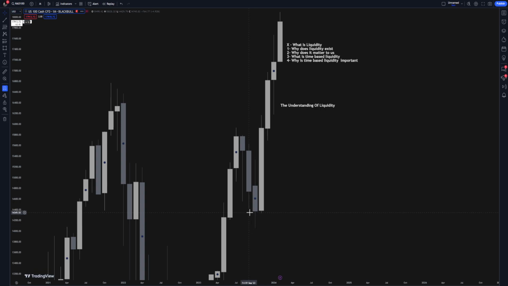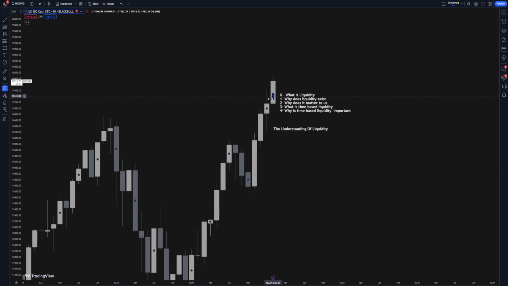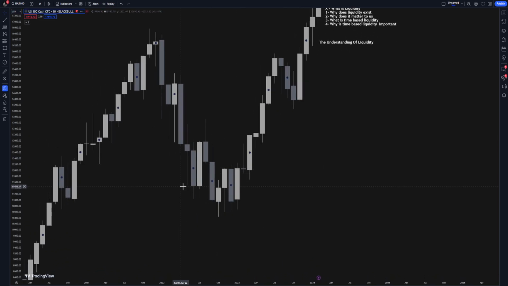Isn't that cheaper than $14,429? Yes, it is. That's where they start to buy. And as you can see, price started to move higher. This can be seen with almost every month that has its low swept. Right here, swept, starts to move higher. Where does it move towards after sweeping this? Over here and over here.